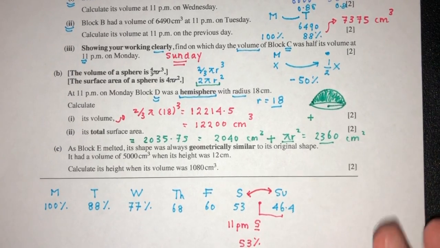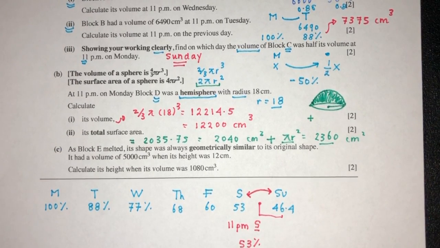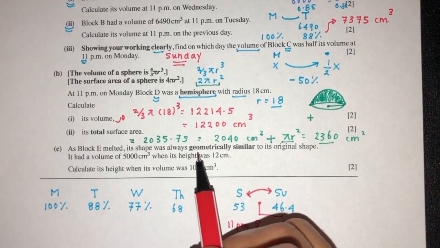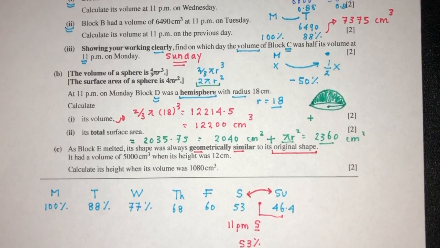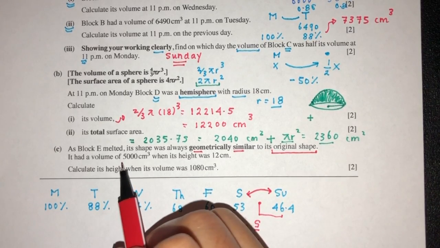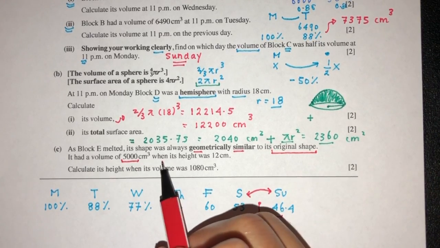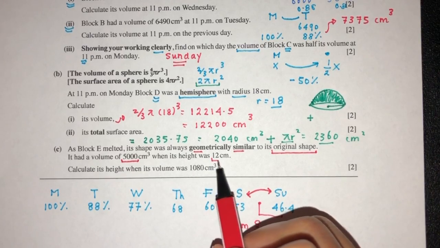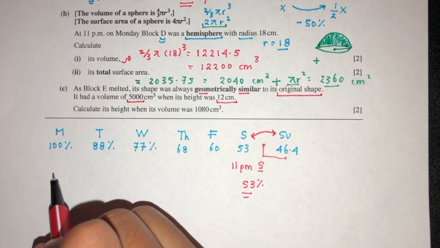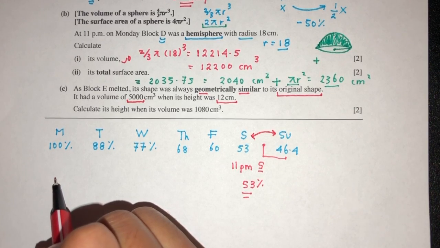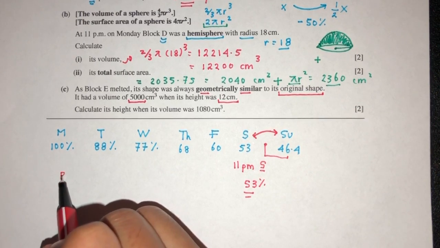Now, as a block E melted, its shape was geometrically similar to its original shape. Okay, fair enough. It had a volume of 5,000 when its height was 12 centimeters. So now we know that for shape E, we have two: let's call this before and after.